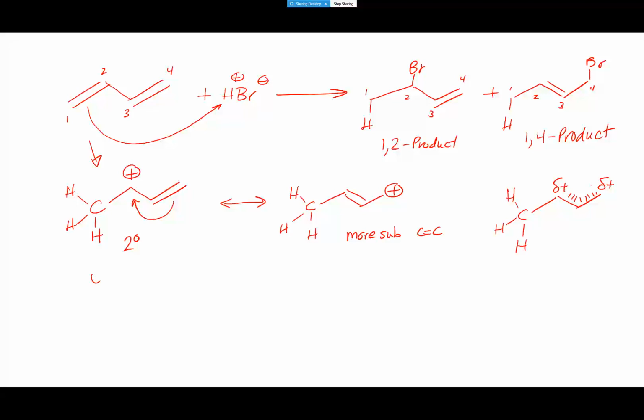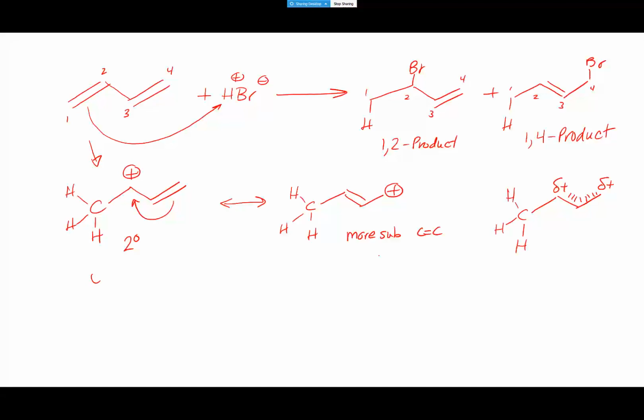Oh, no. We haven't dealt with conditions yet. We're now saying that we're going to consider the secondary carbocation to be a more stable intermediate than the primary. That a secondary allylic is more stable than a primary allylic.